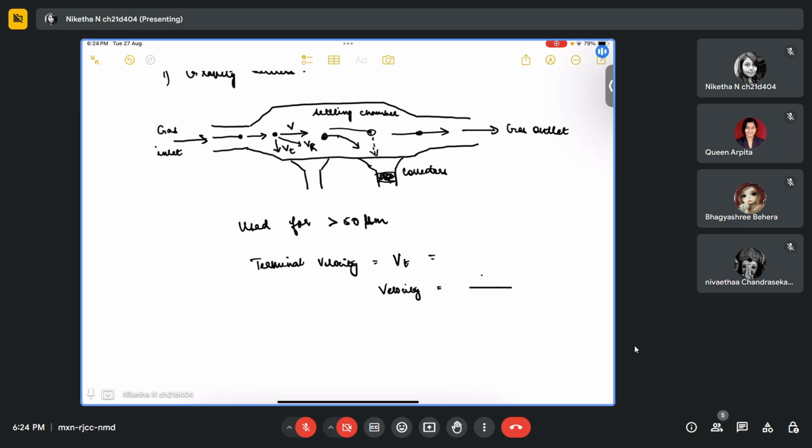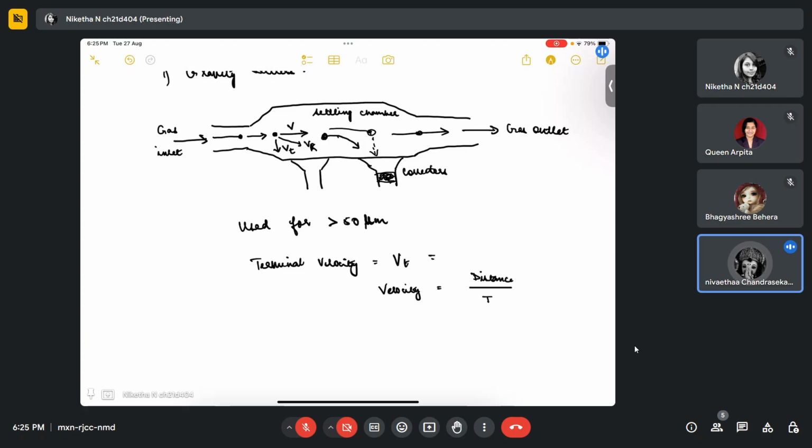You have some numerator and you have a denominator. Velocity is what? Velocity is distance traveled by time.